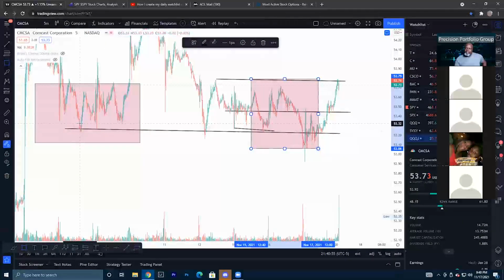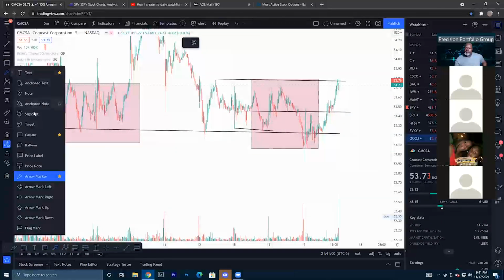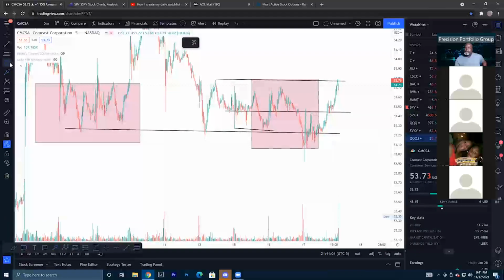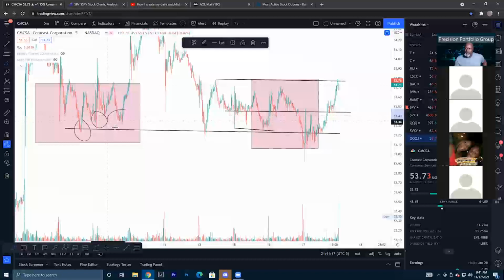So this is one, this is how it started off. This is two. I can count this as three, but I definitely want to see how low the stock will go. So this will be number three. This is a triple bottom. Once the triple bottom happens, you automatically know that this stock will definitely go up.